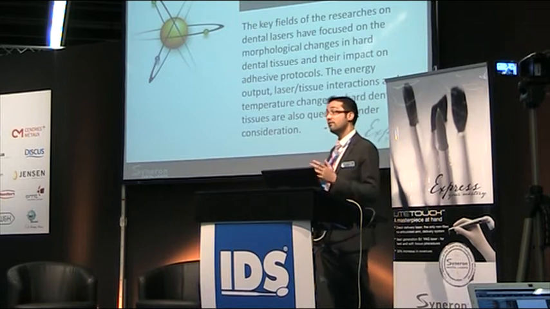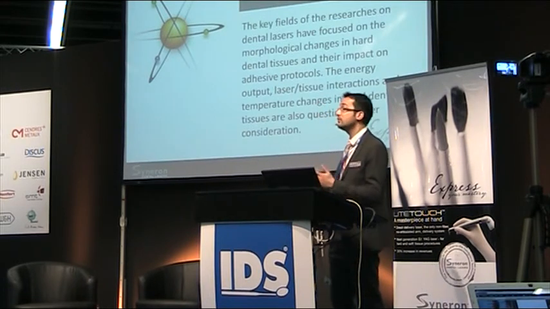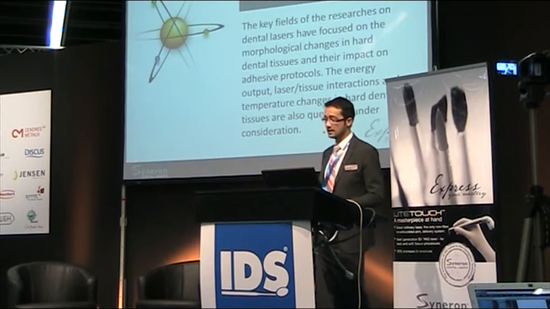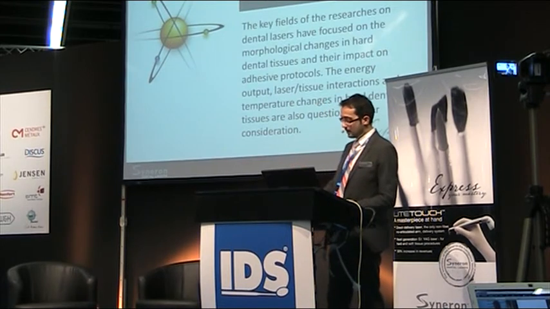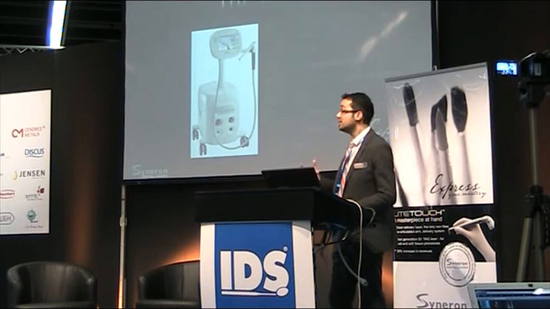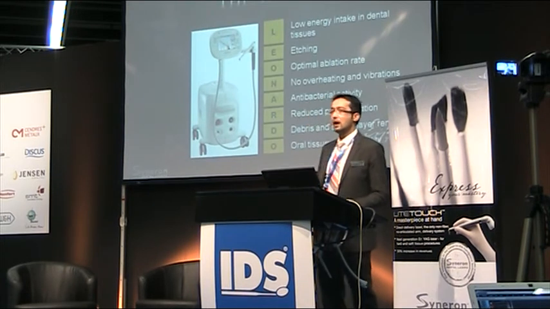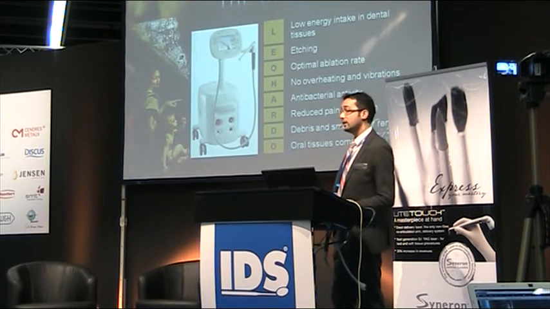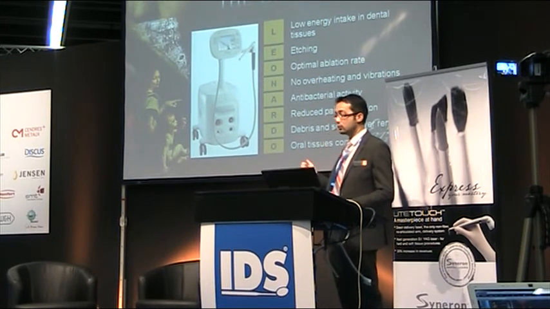There are some very important facts that we have to know about laser when we choose a laser, and if I have to summarize, the ideal laser could be described by the following criteria.